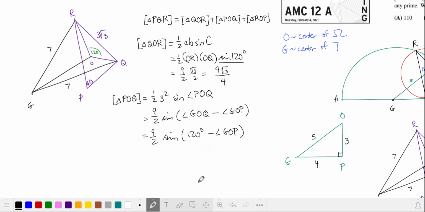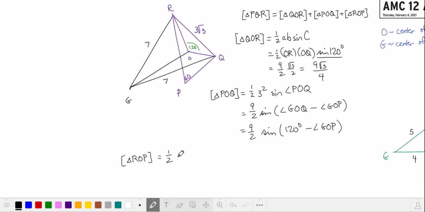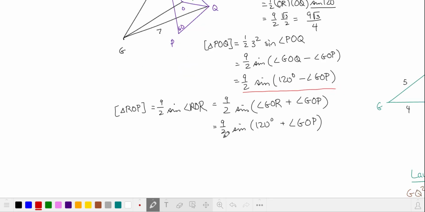Let's just leave this area for now and go on to the area of the third triangle, triangle ROP. We'll use the same sine formula. So that's 9/2 times the sine of the angle ROP. ROP can be written as the sum of angle GOR and GOP. GOR, again, is 120 degrees.